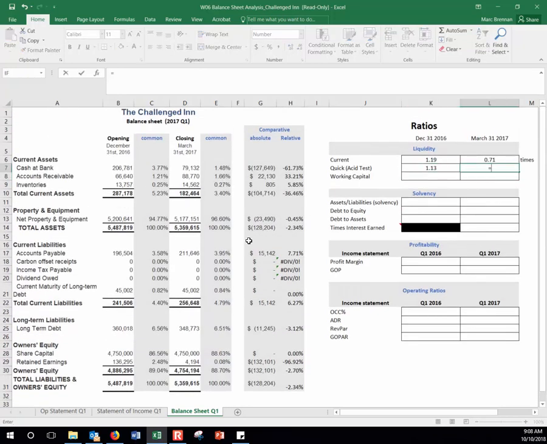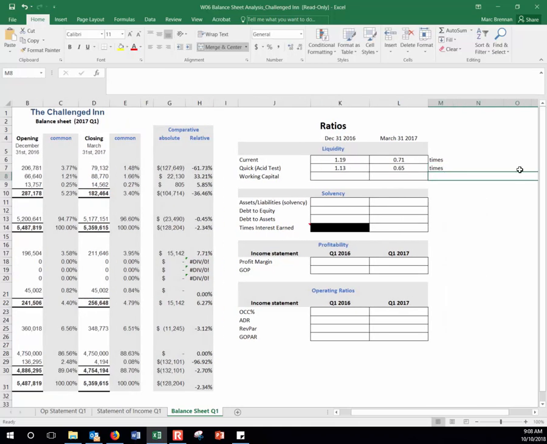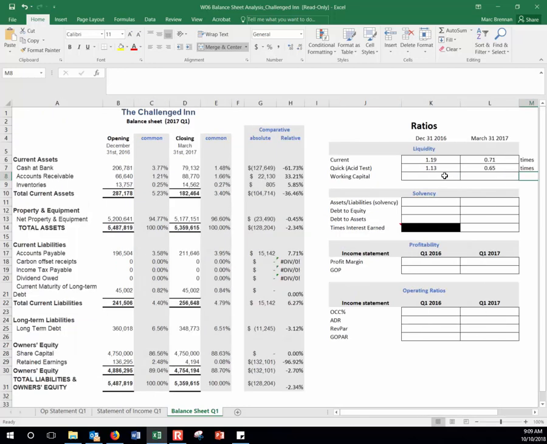We'll do the same here. I'll use Excel just to make things quicker. Our current assets minus our inventory, close our brackets, and we're going to divide it by our current liabilities. Okay. So now 0.65 times. This number should go down from current because we've taken out some value, so we have less in the current assets.